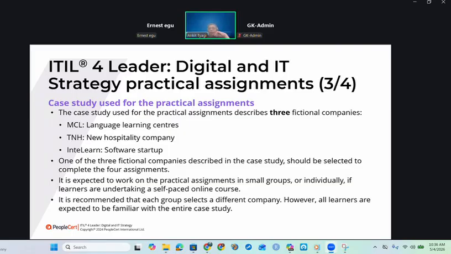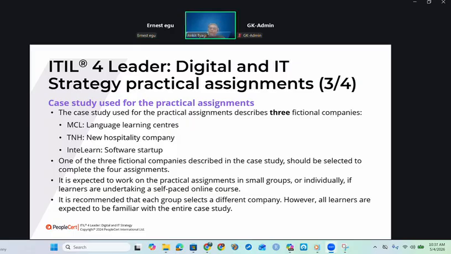Well, this is important. Why do I say that? Because these 3 companies, MCL, TNH, and IntiLearn, are also interrelated with each other. For example, MCL is a language learning center and TNH is the new hospitality company, so they can offer travel along with learning. That's a relationship they have created.